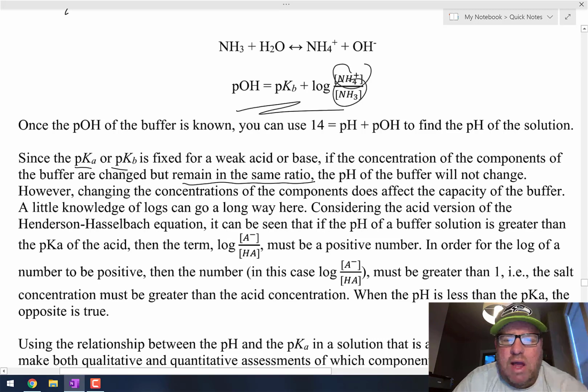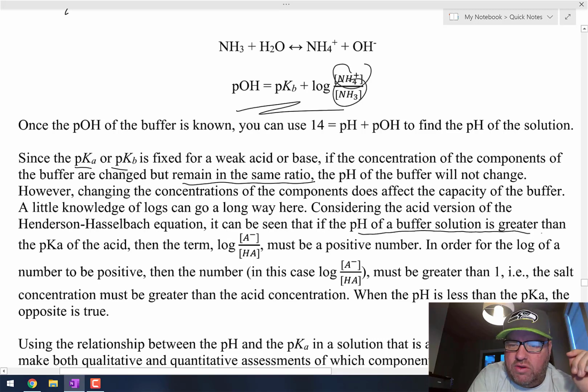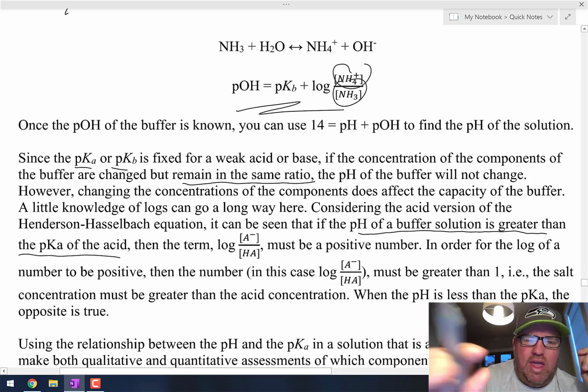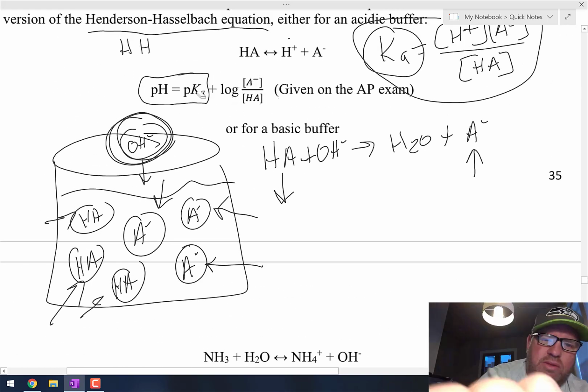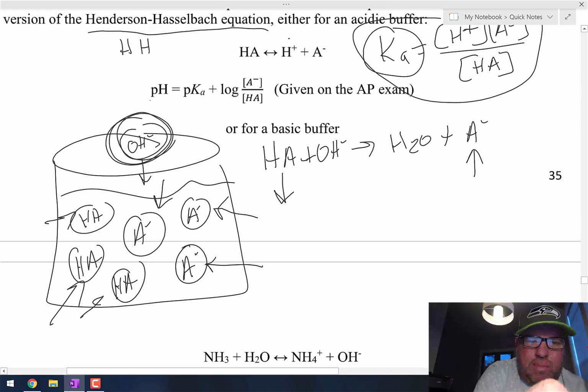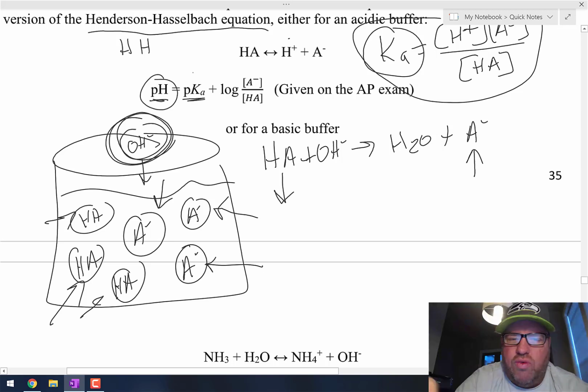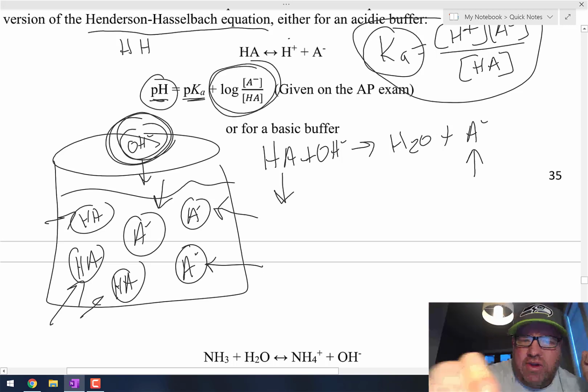Okay, now let's talk about the acid version. And again, this is the one they normally use. Okay, it says that if the pH of a buffer solution is greater than the pKa of the acid, okay, so let's think about that. Let's come back up here to the math. If this number is bigger than this number, so if the pH is greater than the pKa, what does that tell you about this right here?